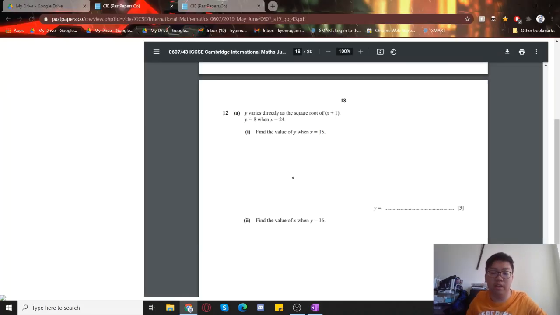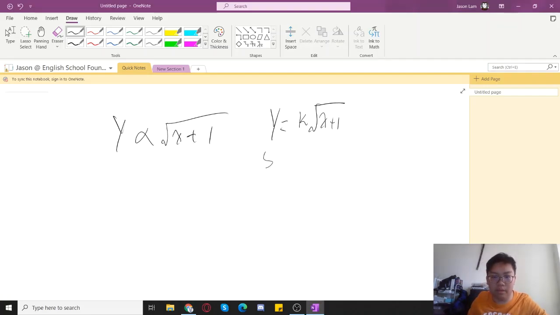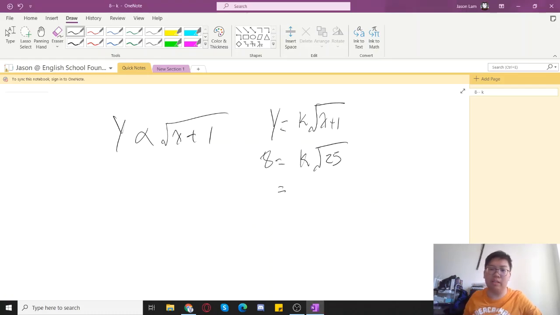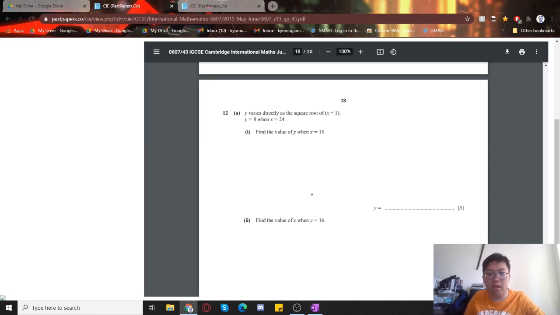So y is 8 when x is 24. So k times 5. Obviously, we don't know whether or not it's positive, but we assume. Of course, this is a root sign, and we should write positive or negative 25. But we usually will write positive, so it's 5k.